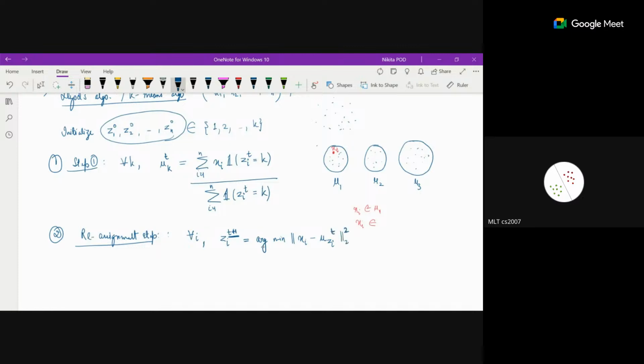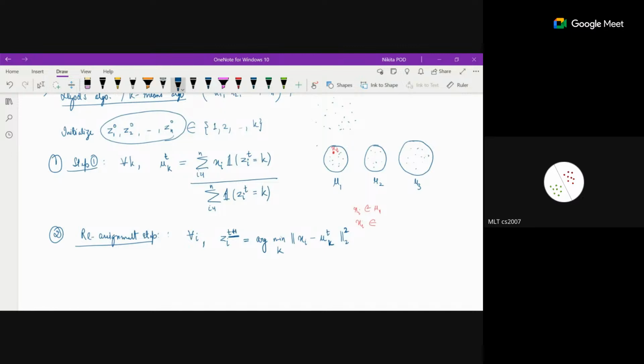This is what we will check. What it is saying is that you will do the reassignment only if a data point is closer to the mean of another cluster than to the mean of its own cluster.